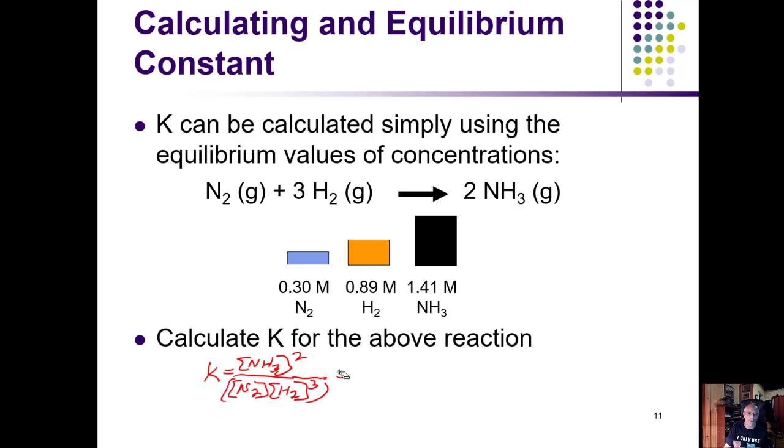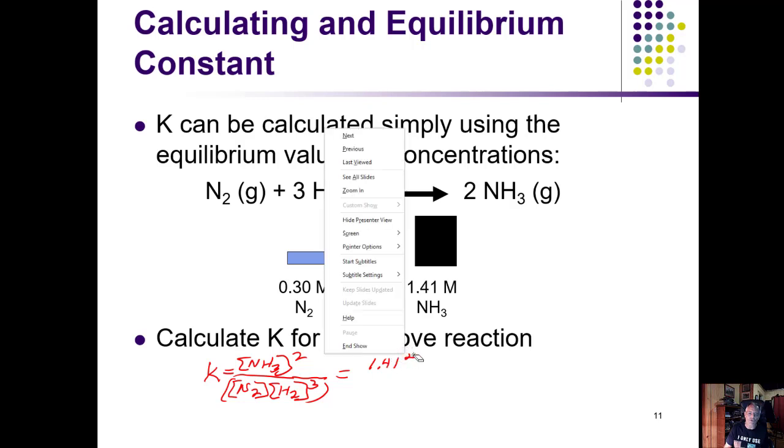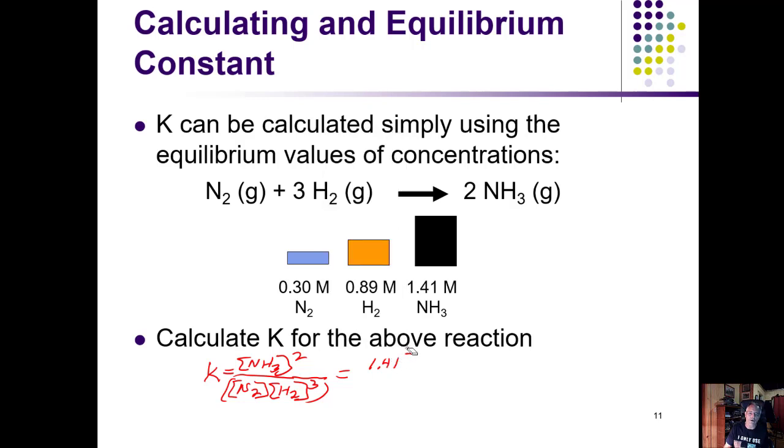All right, so now we can plug in our values. That'll just be 1.41, squared because the coefficient of ammonia is 2. For nitrogen, it's 0.30 to the first power times hydrogen, which is 0.89 to the third power, cubed.